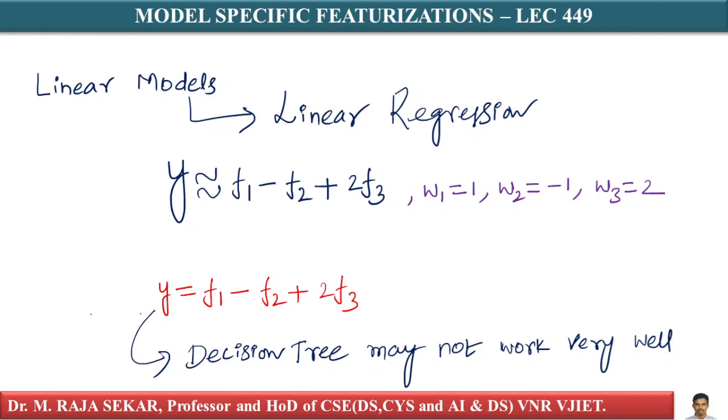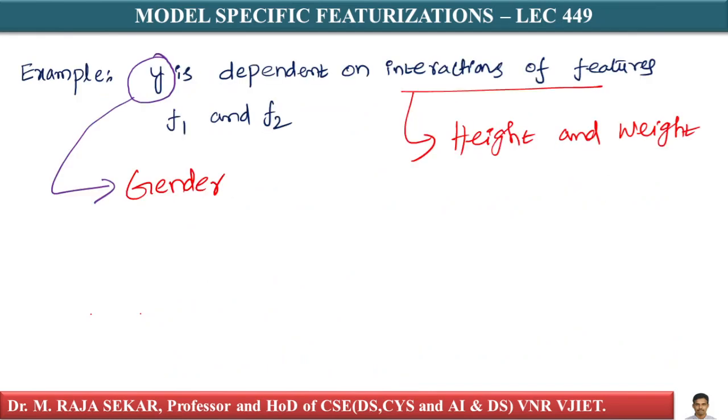Similarly, now let's take another example. Example 3. Suppose you know that y is dependent on the interaction of features F1 and F2. Let's assume again, we know that from domain knowledge, let's say we are predicting gender, y is here predicting gender.